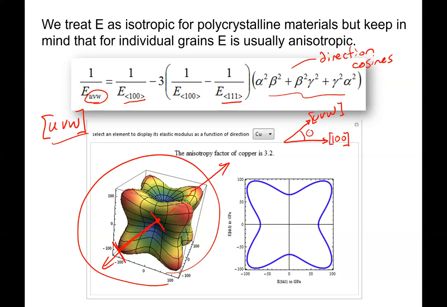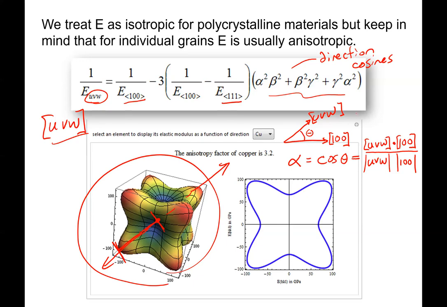This is the angle theta. And alpha is equal to the cosine of theta. And then by dot product definition, this is UVW dotted with 100. So these are the two vectors we have. And then that's over the magnitude of UVW and the magnitude of 100, which of course is 1.